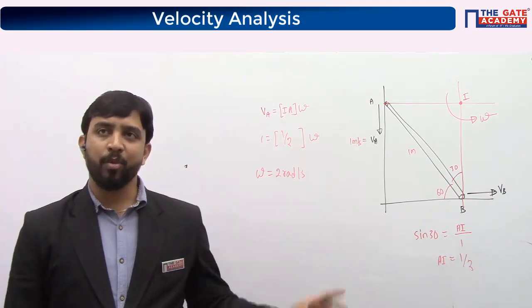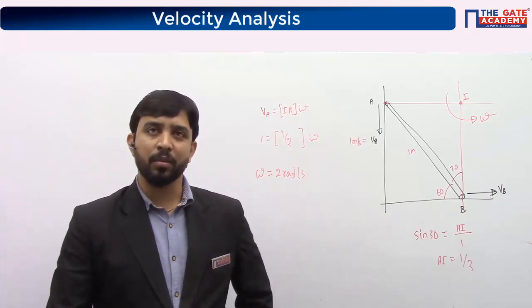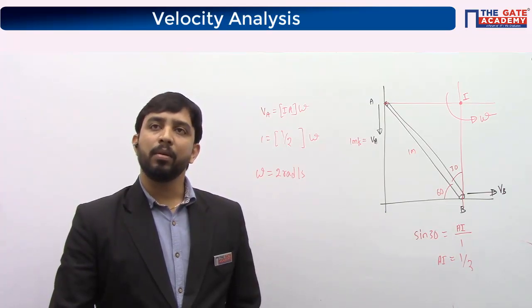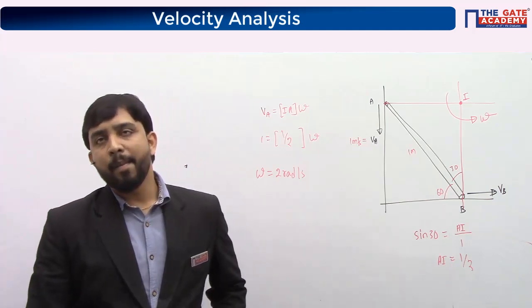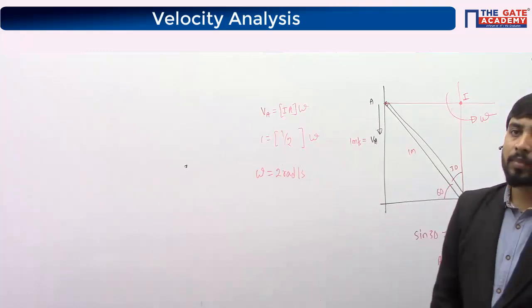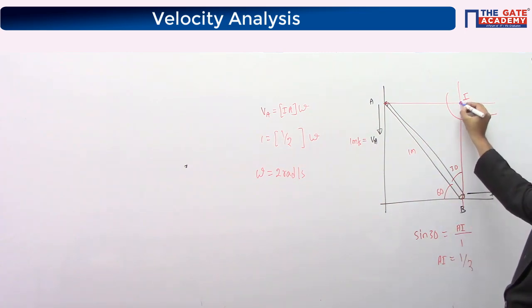Now find the velocity of point B in this case. So this is the center of rotation, okay?